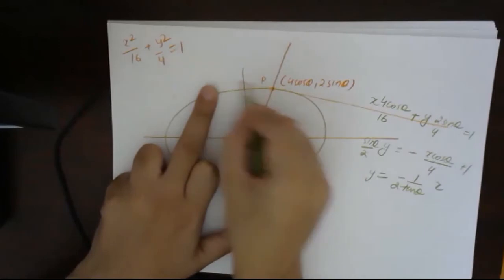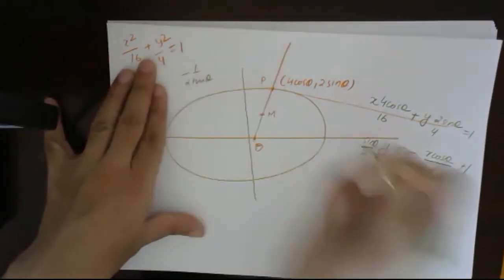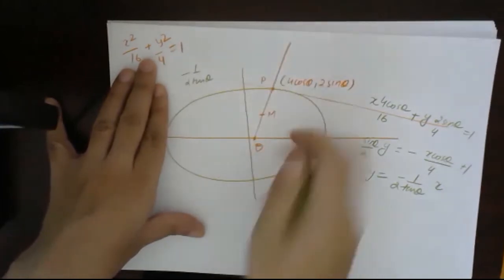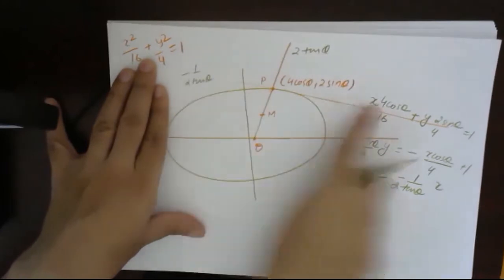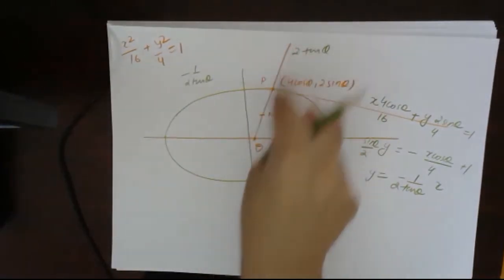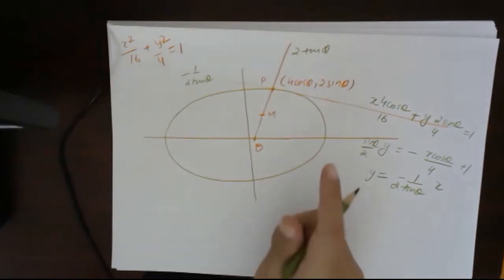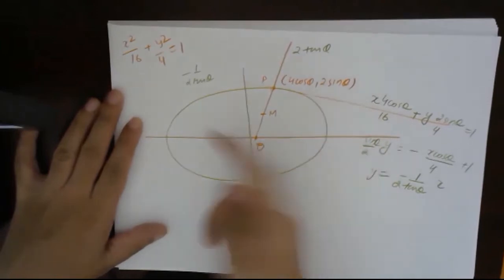So if the slope of the tangent is minus 1 by 2 tan theta, the slope of the normal will be 2 tan theta, because this line is normal to the tangent. So we have got the slope of the normal. If we have the slope of the normal and it passes through the point, we can always find the equation of the line.